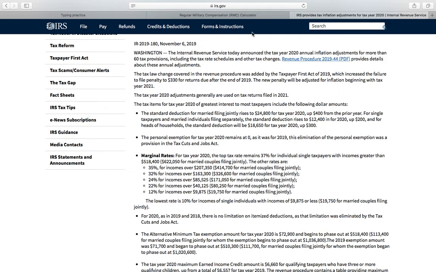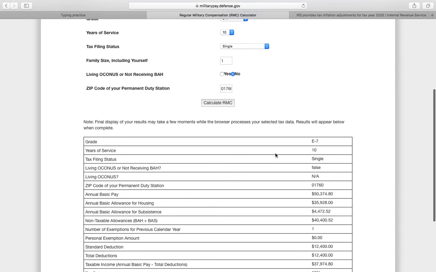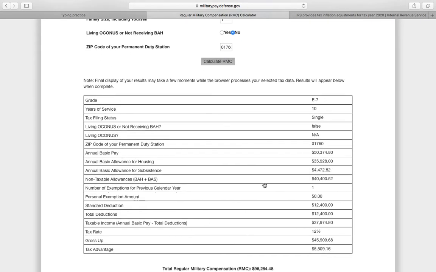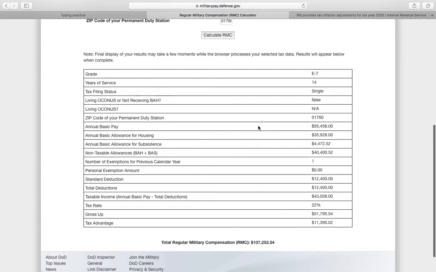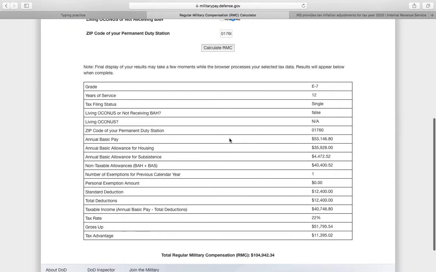I don't know. Let's see what I would have to make in order for me to get to that. Say I don't really see myself being an E8 and FS, so let's say I'm in for like 14 years. Okay, so let's go back down to 12 years. Let me see. 22%, 40,000.